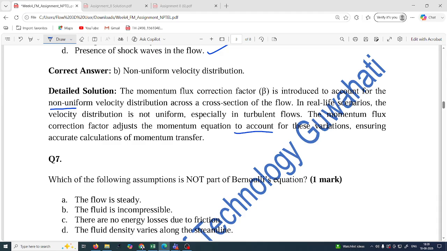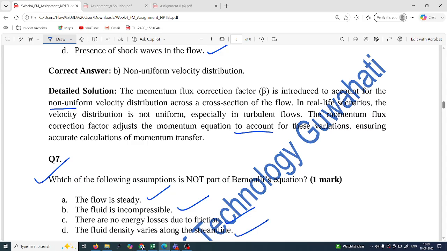Now the question number 7, which of the following assumptions is not part of Bernoulli equation? So here the question is from assumptions. Flow is steady, flow is incompressible, there are no energy losses due to friction, the fluid density varies along the streamline.